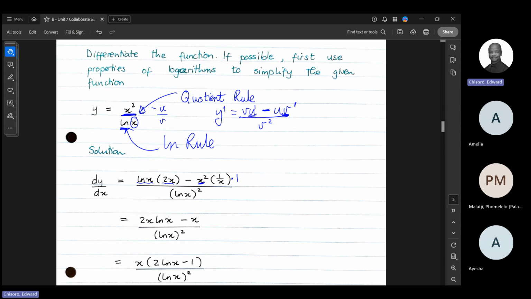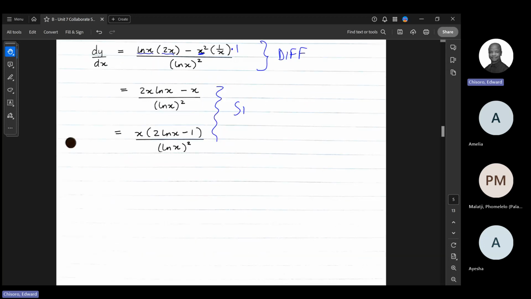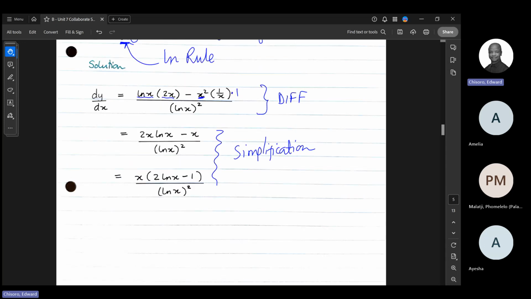At this point, this is the only differentiation part in this question. The rest is simplification, so this is just simplifying to write your answer in an easier to read manner. It's just simplifying the numerator, and we can't really do anything about the denominator.